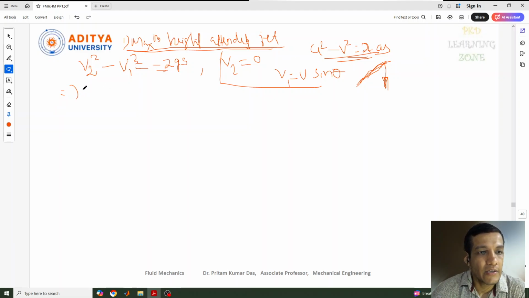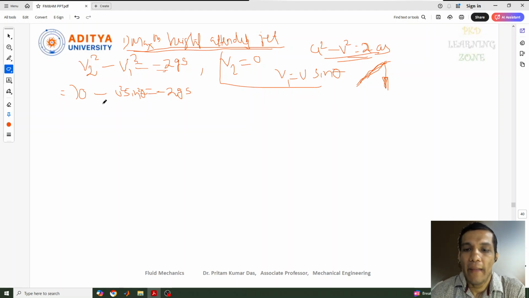So I can write 0 minus u square sine square theta equal to minus 2gs. This s is the maximum vertical height which can be traveled by the fluid, that means the maximum height that can be traveled by the jet.